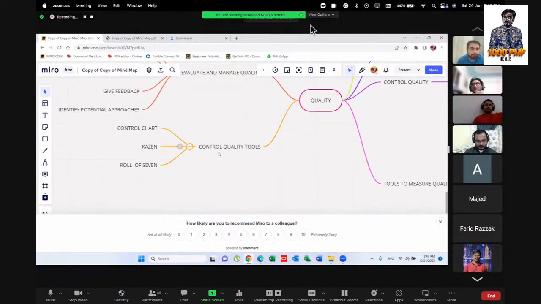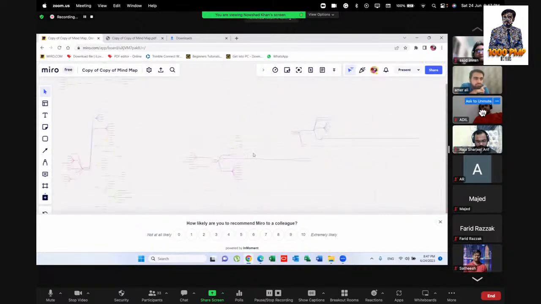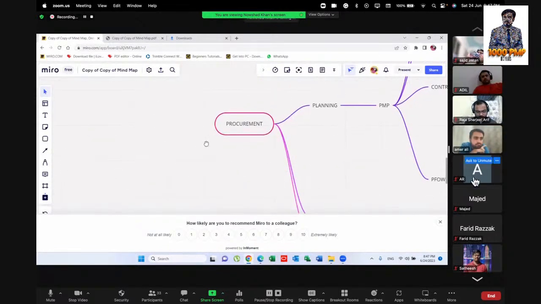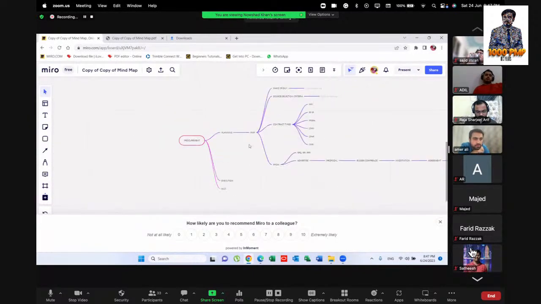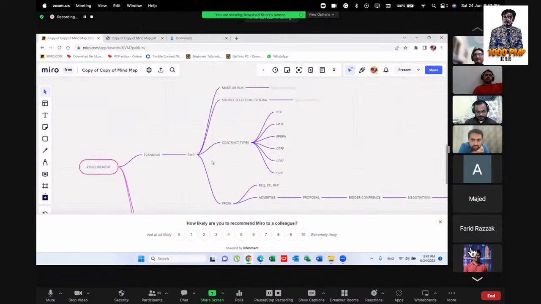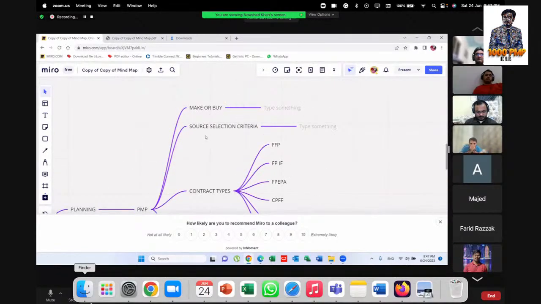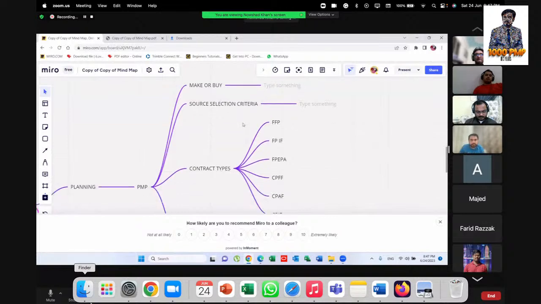Then control quality tools: control chart, Kaizen theory, and rule of 7. After that, we are going to procurement. First stage is planning, where we have PMP, and the first step is make or buy, source selection criteria.